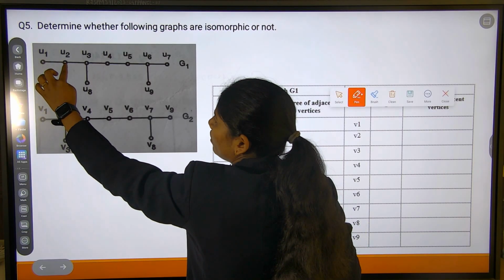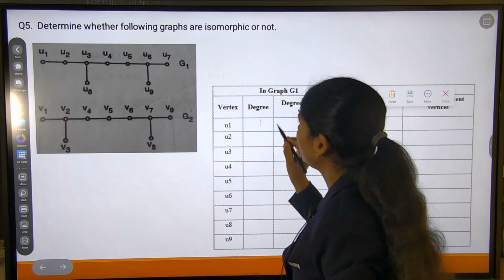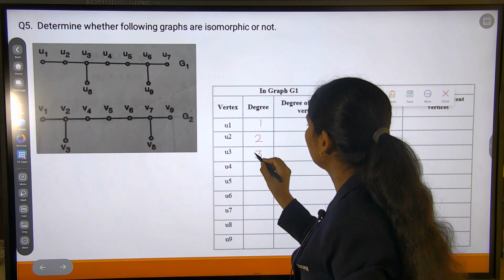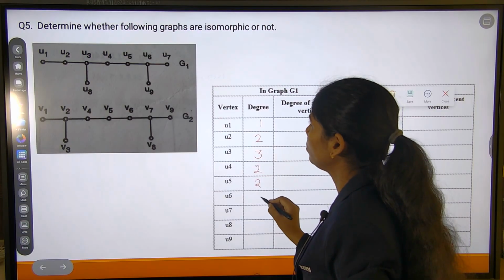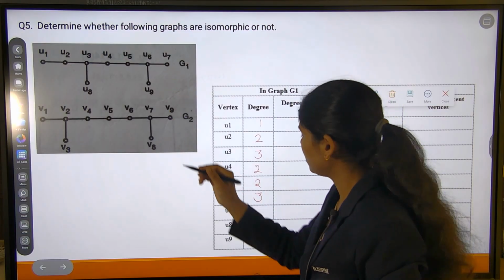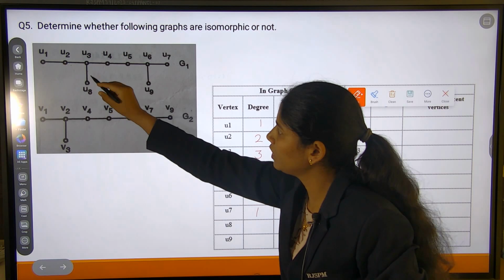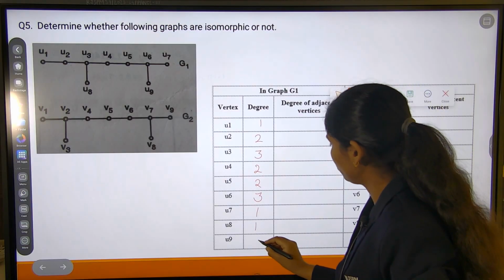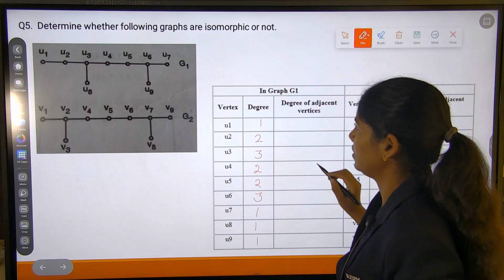For U1 only one adjacent vertex is there, therefore degree of U1 is 1. Degree of U2 is 2. Degree of U3 is 3, degree of U4 is 2, for U5 degree is 2, for U6 degree is 3, for U7 only one adjacent, therefore degree is 1, for U8 again only one adjacent is there, therefore degree is 1, and for U9 also degree 1. Check the degree of their adjacent vertices.